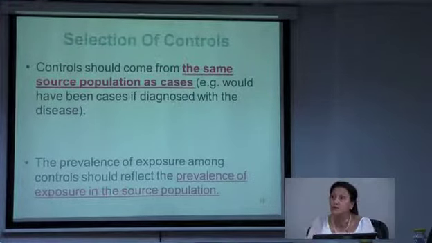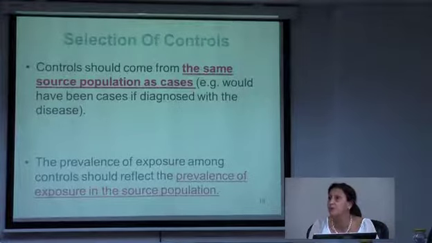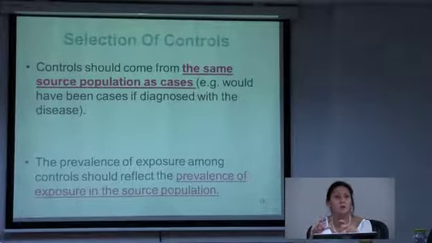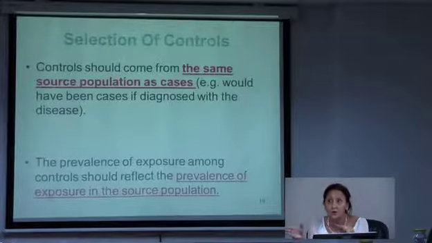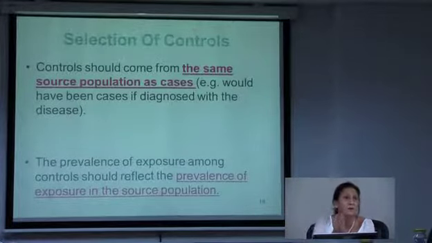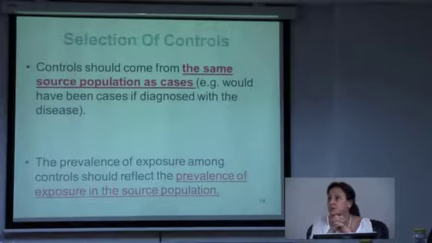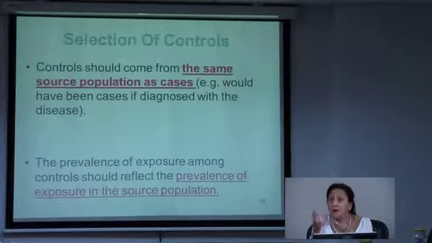We know from the literature that the prevalence of smoking among males is around 45%. So if I get my controls and I find that the prevalence of smoking is 20% among males, or 60%, this is not a good group. This means that you are selecting a group that does not actually come from the general population.